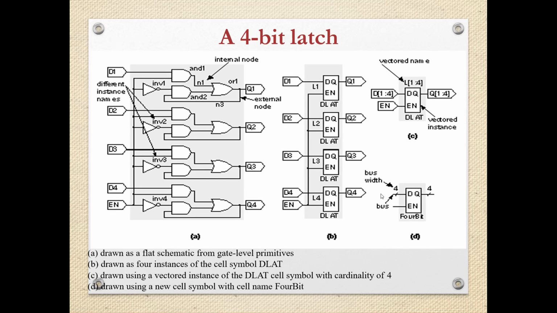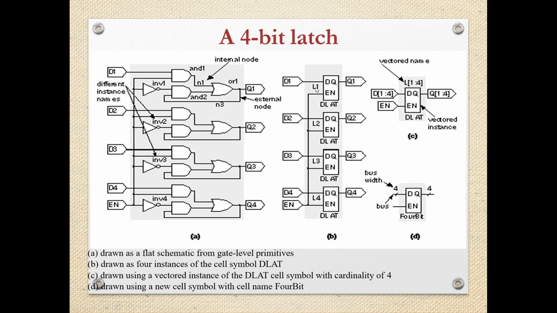Like if I want to have a schematic for a 4-bit latch, then I will require such 4 D latches. So these are the detailed diagram in which all the cell instances and everything is shown in detail. Instead of drawing such a detailed diagram, we can use the cell symbol of a D latch.